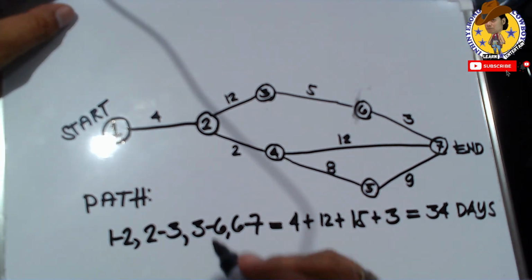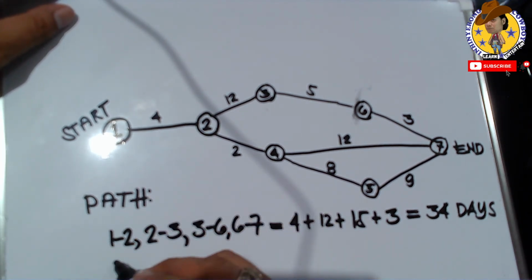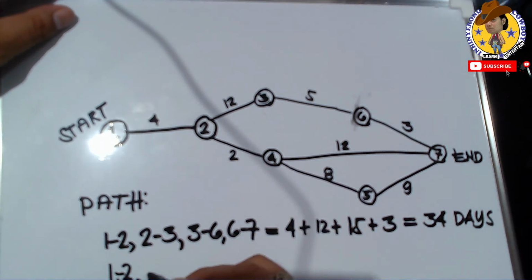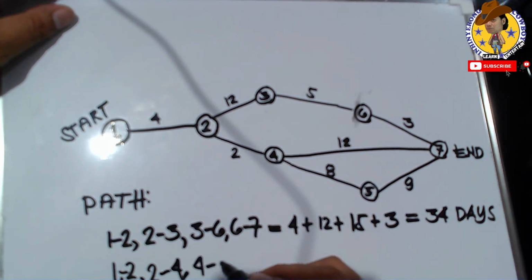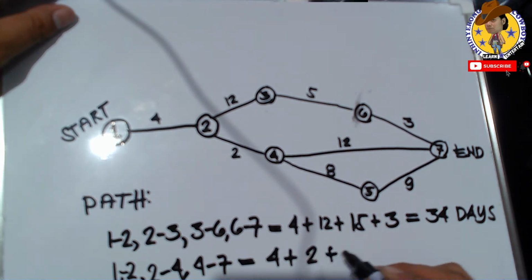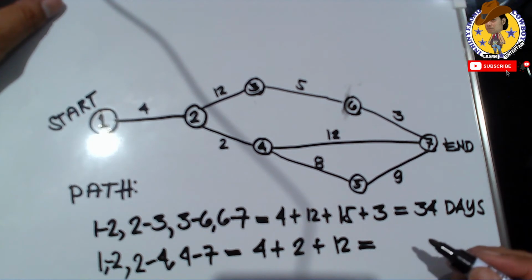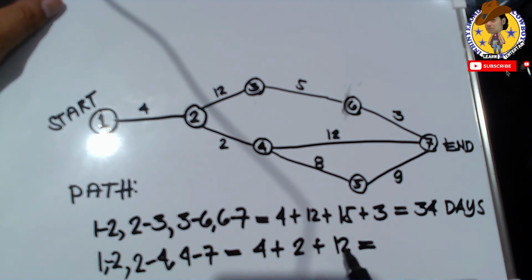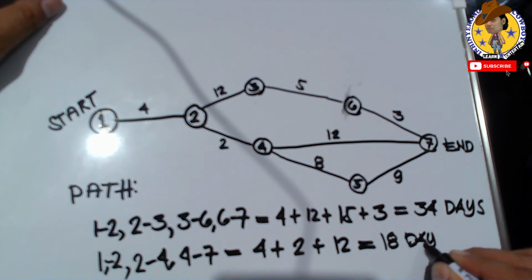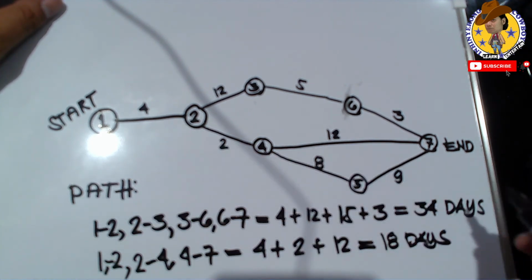Now we have activity 1 to 2, then 2 to 4, then 4 to 7. So this is 4 plus 2 plus 12. Sorry, 12 plus 2 is 14. So this is only 18 days.